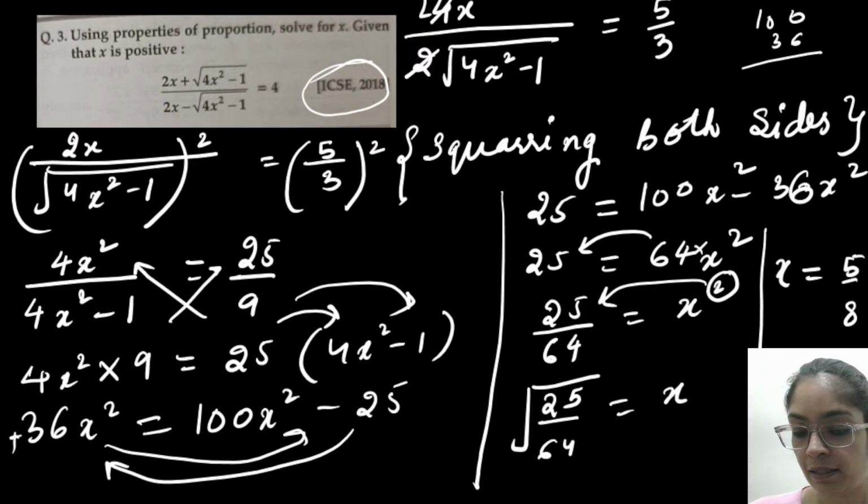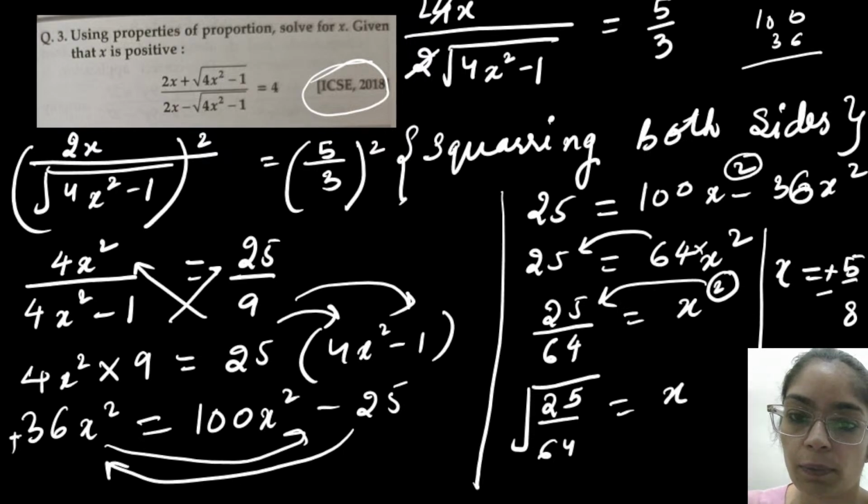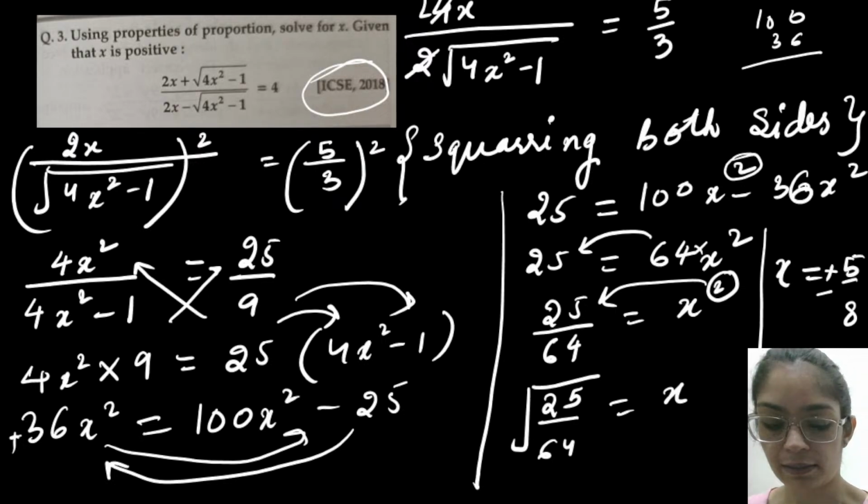It is plus minus 5 by 8. So many times I have told you we must not make any mistake whenever a square root is there, because here we got a quadratic equation, so we have to write two values. Whenever a square root is there, there will always be plus and minus. So it is not only 5 by 8, it is also minus 5 by 8.